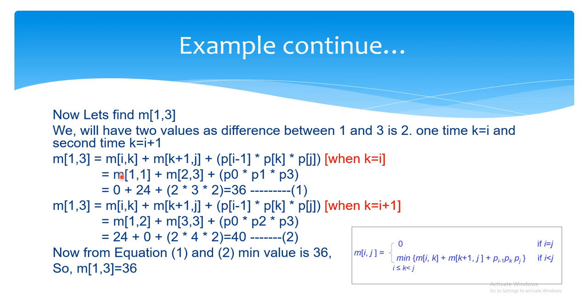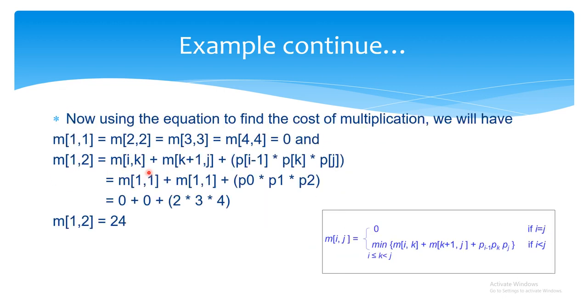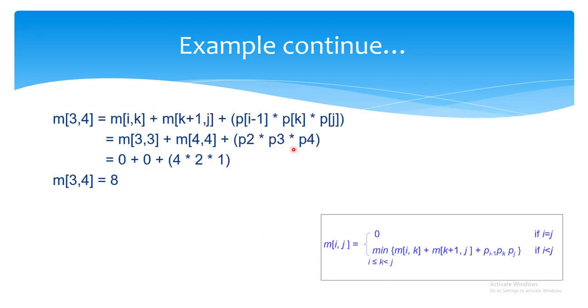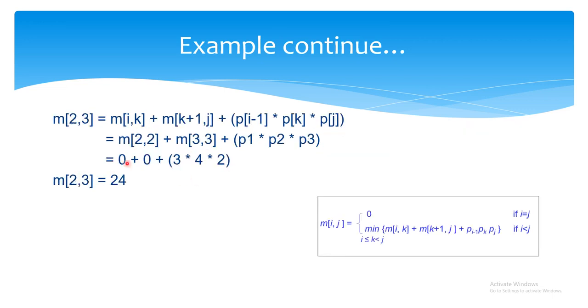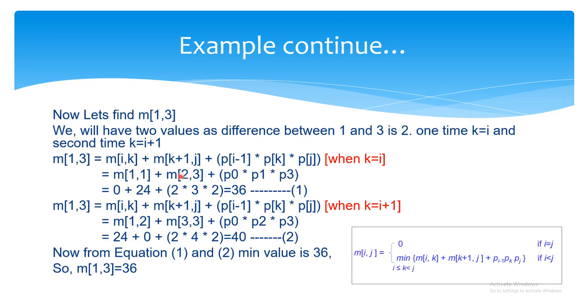Here m11 is required, but we have already calculated it. m11 equal to m22 equal to 0, and that value is stored in the table, so we can use it here. m23 we have already calculated, so we don't have to calculate the same stuff twice. We utilize the value stored in the table, plus p0, p1 is 3 and p3 is 2, so we are going to get the value 36.